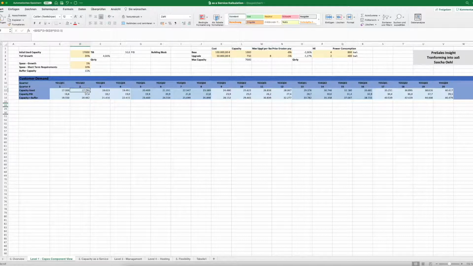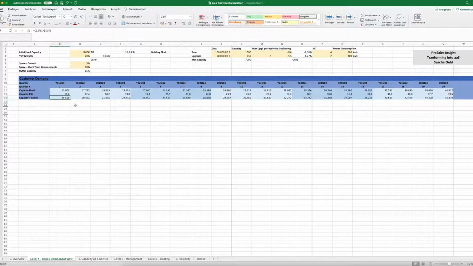When we look now through the quarters, we see exactly the same formula, quarter by quarter. And we see how the growth turns out into like 40,000 in 20 quarters. Now we look at it just for an information purpose, and we calculate the petabyte instead of the terabyte by dividing it into 1024, and we're adding the capacity and the buffer.